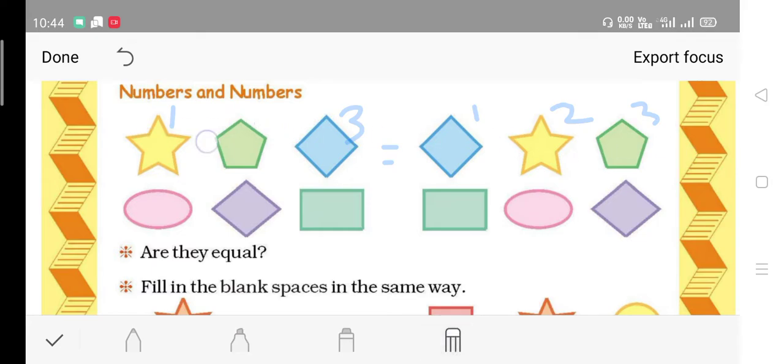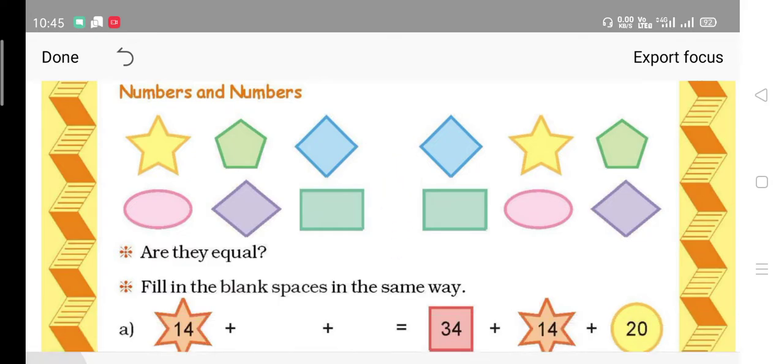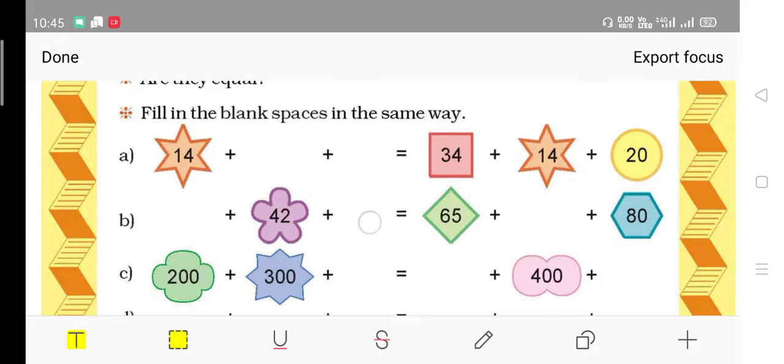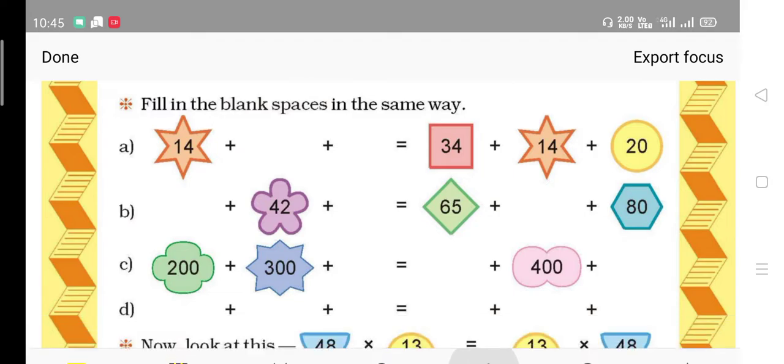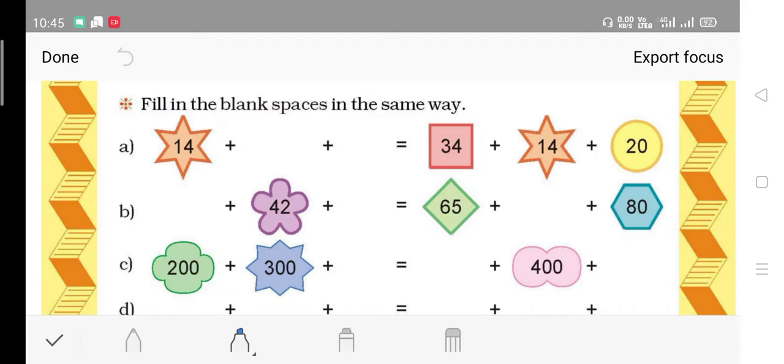This is the explanation of this kind of figures given here. Now let's see the next one. According to what we have seen, if the order is changed, there is no change in the answer. So here is your question A, where in the star 14 is there, here is the equality and another star is on this side.